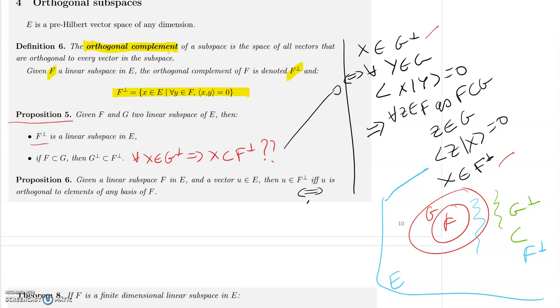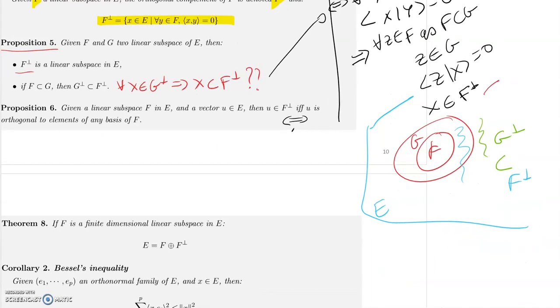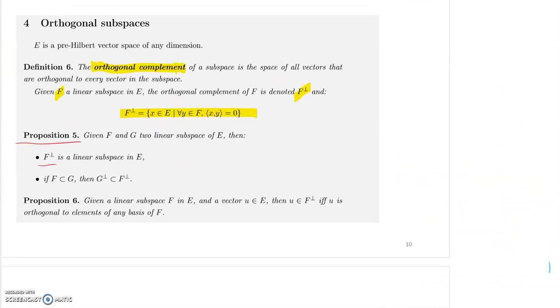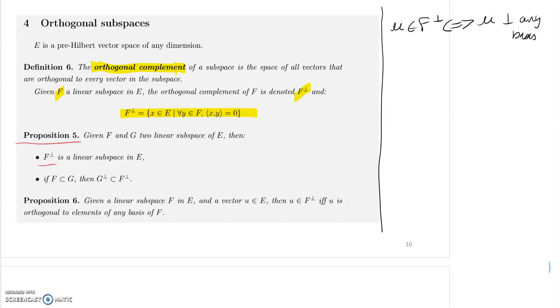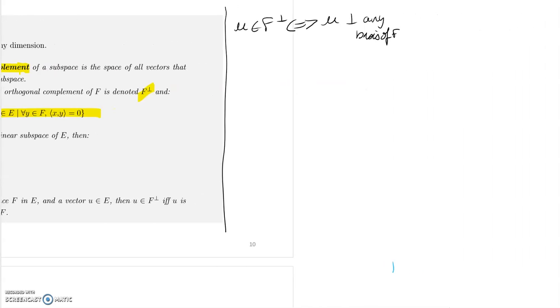Okay, first of all let's erase the side. So we want to prove this proposition, which says u belongs to F orthogonal if and only if u is orthogonal to any basis of F. As you know, when we've got an equivalence, we have the two directions to prove.